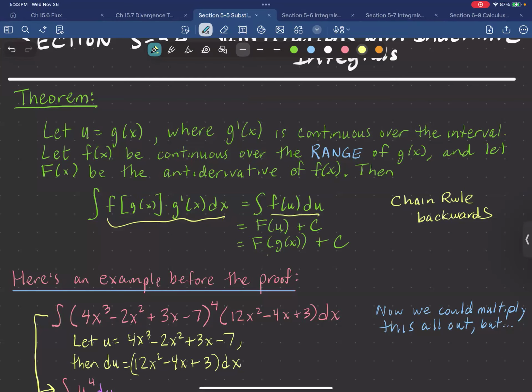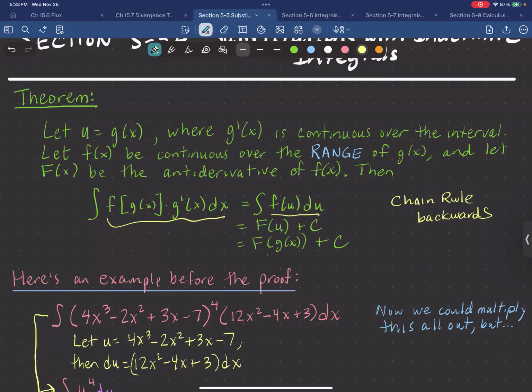So what we're going to do is notice, and sometimes you have to tinker with them, but usually the thing with the power on it, there's usually something that doesn't have a power on it, or something multiplied by it. Whatever has the power on it, the derivative is present.